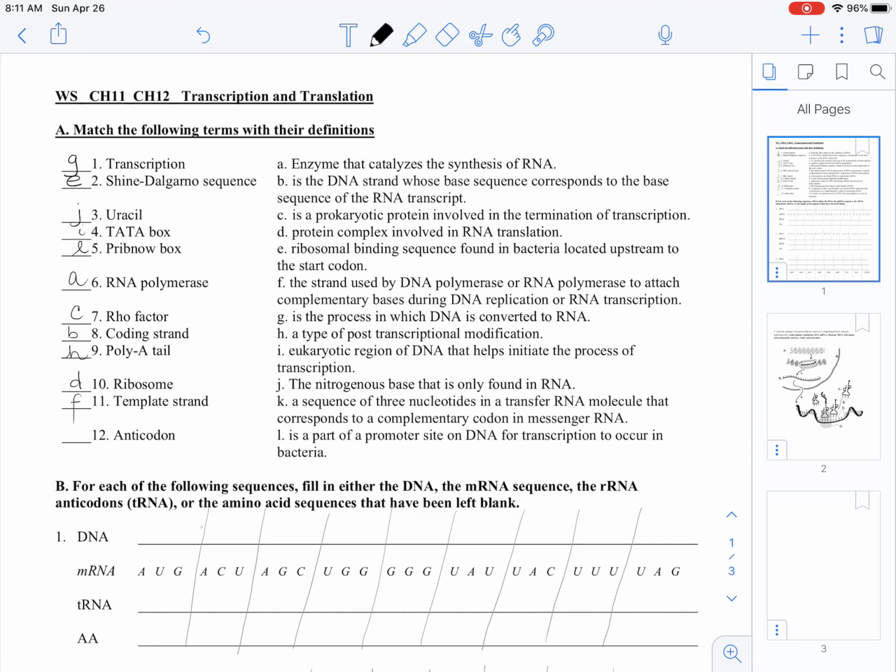And lastly, we have number 12, which is going to be letter K. An anticodon is a sequence of 3 nucleotides in a transfer RNA molecule that corresponds to the complementary codon in messenger RNA.